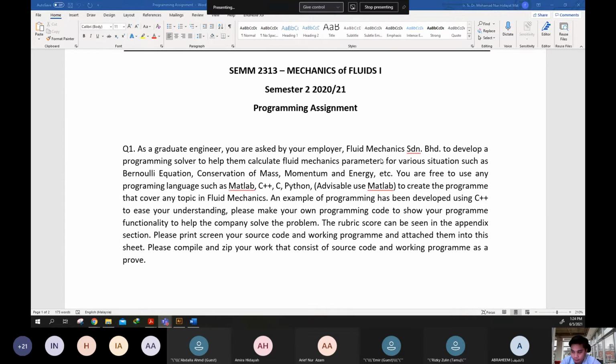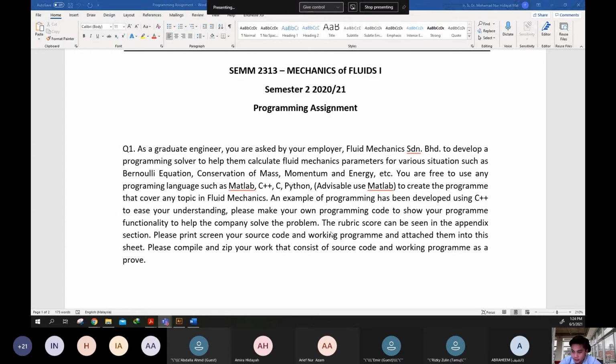I would advise you to use MATLAB to create a program that covers any topic in fluid mechanics. An example program has been developed using this code for you to understand. Please make sure to use your own programming code to show your program's functionality to help the company solve the problem.